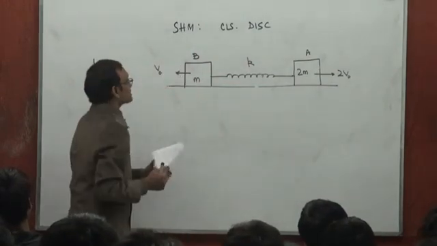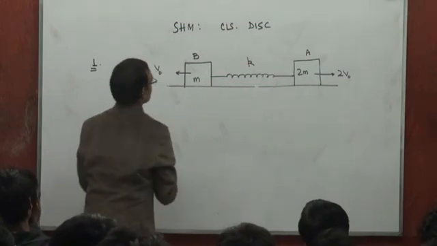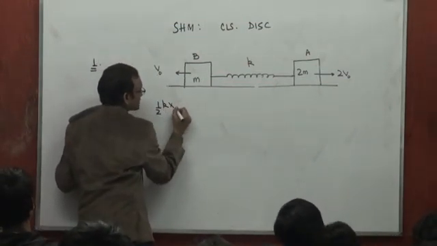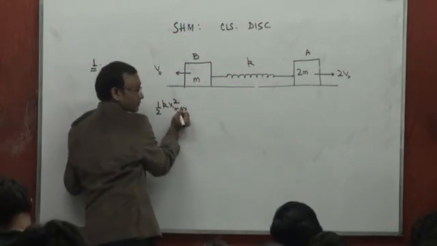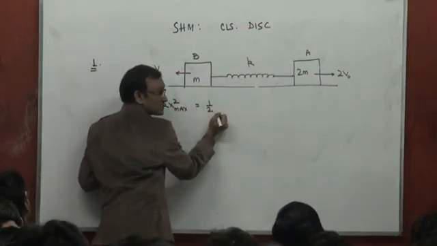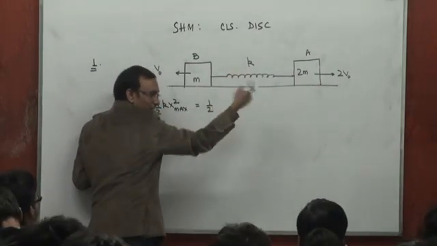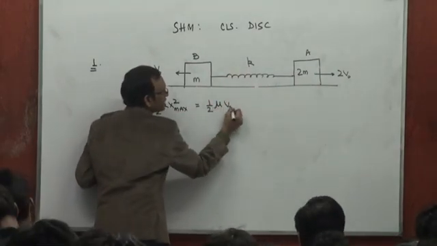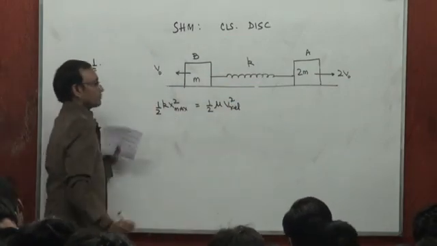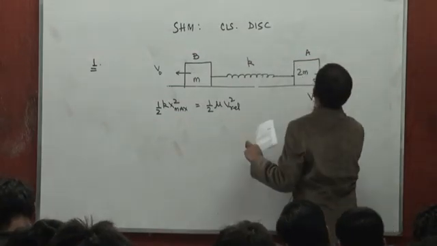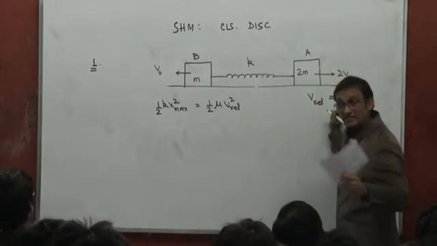If x max is the maximum elongation produced in the spring, then half k x max squared, in the center of mass frame when I write work energy theorem, so I'm not repeating the same thing again, equals half mu into Vrel squared, right? Where Vrel is how much? 3V0.